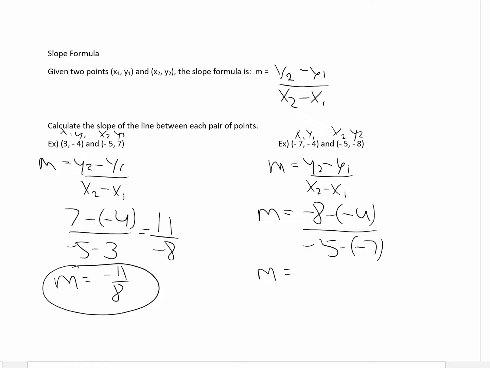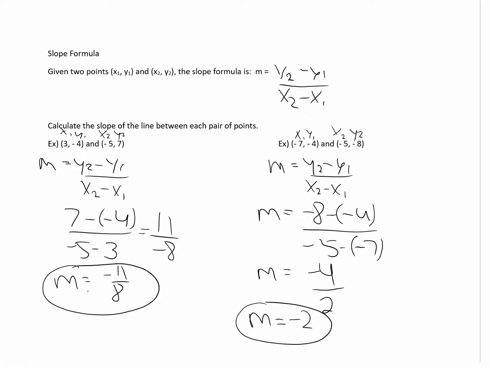Well, negative 8 minus a negative 4, that is a negative 4. Negative 5 minus a negative 7, that is a positive 2. And that simplifies down to negative 2. So in both of these instances, the slopes are negative. So from left to right, the line will decrease.